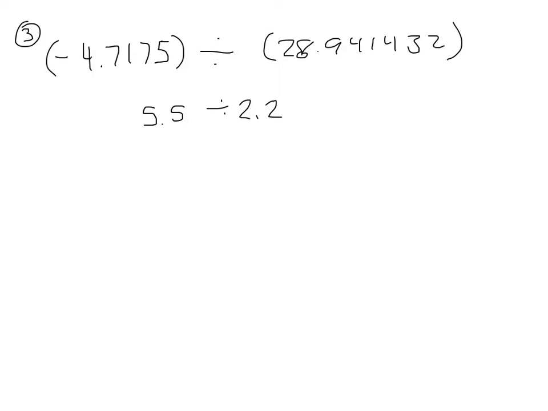Well, we got to ask ourselves, what's doing the work here? So I read this 5.5 as being divided by 2.2. So this 2.2 is what's doing the work. And what do we call that? Well, the thing that's doing the work is the divisor, right? Just like I'm the teacher, I'm the one who is doing the teaching. 2.2 is the divisor.